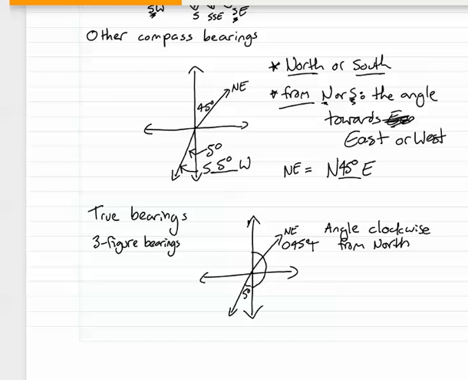On the other hand, if I had a bearing that was an angle of 20 degrees to the west of north, I'd know that that was 360 degrees all the way round, minus 20, 340 degrees true. So we have 3 different types of bearings we might use.